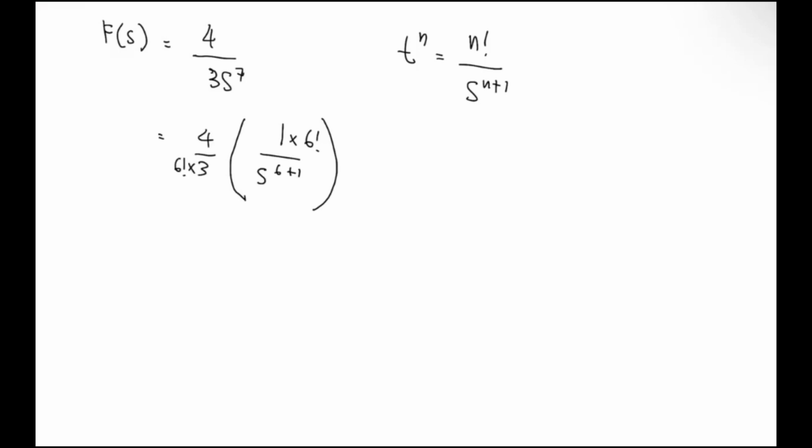So 6 factorial multiplied by 3, you get 1 over 540 times 6 factorial over s^(6+1).